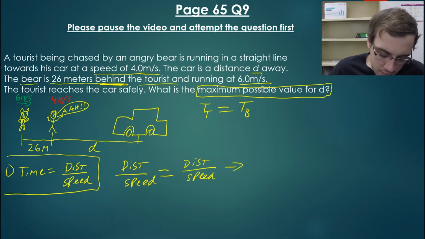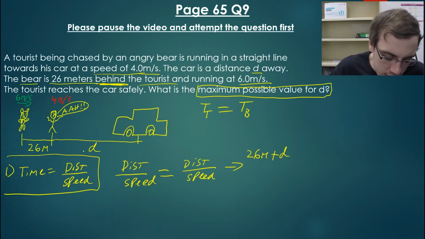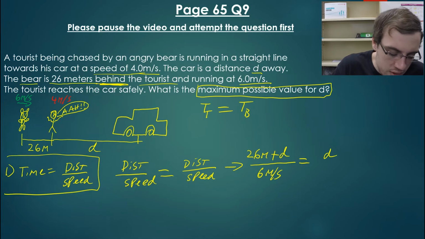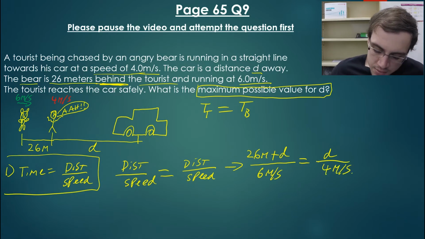For the bear, its distance was 26 meters plus D, because 26 plus D gives us its total distance traveled, over its speed of 6 meters per second. This is going to equal the tourist's distance, which is D, over the tourist's speed, which is 4 meters per second.